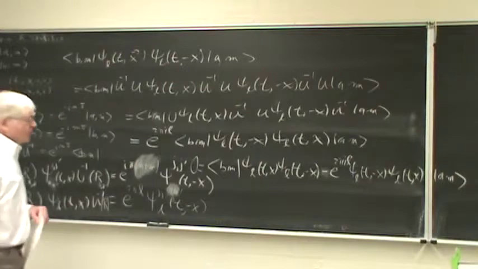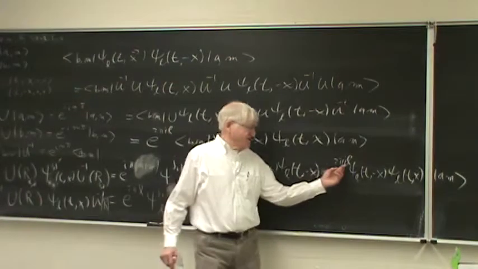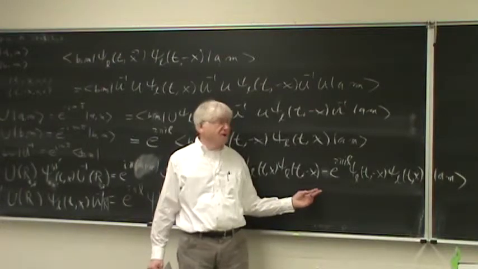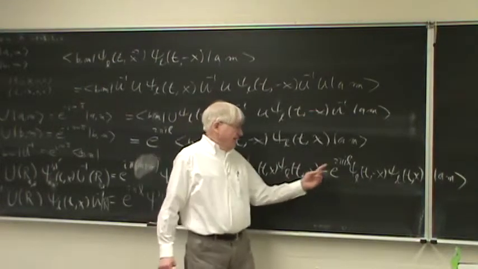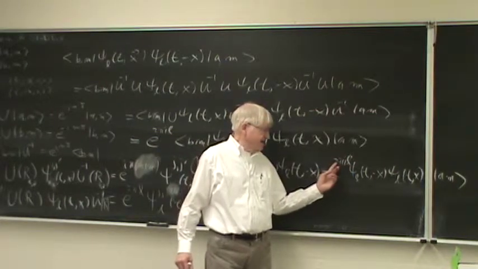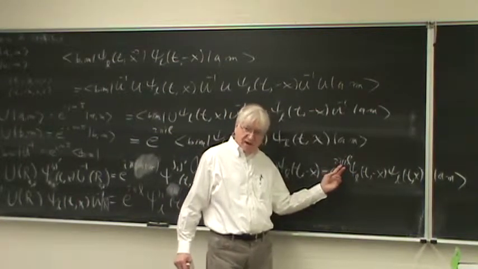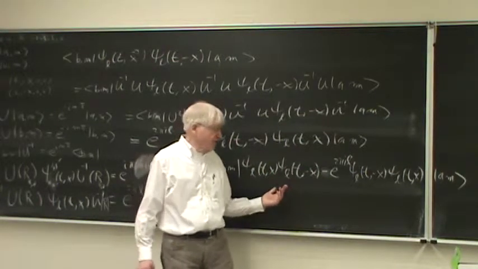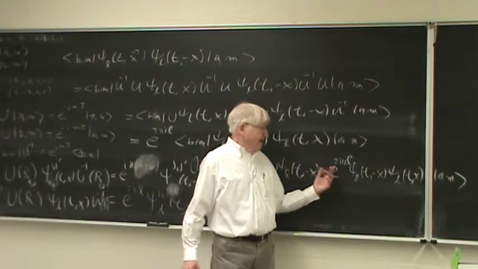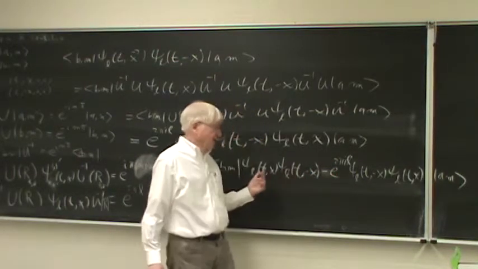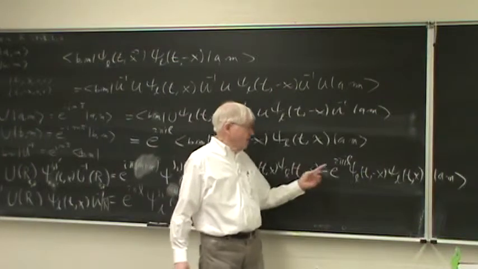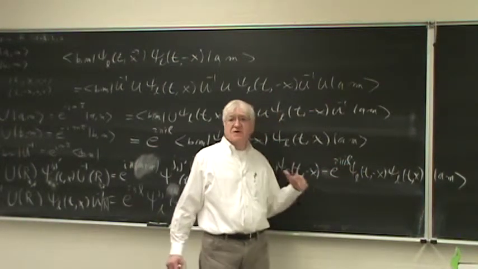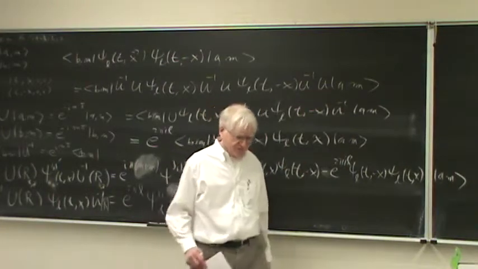Okay, so for L equals 0, you see this says that spin 0 fields should commute. For L equals a half, this is e to the i pi, that's minus 1. You get that spin 1/2 fields should anti-commute. And at space-like separations we're talking here. On the other hand, if you go to L equals 1, you just have e to the 2 pi i, that's just 1. You again have that the fields should commute.